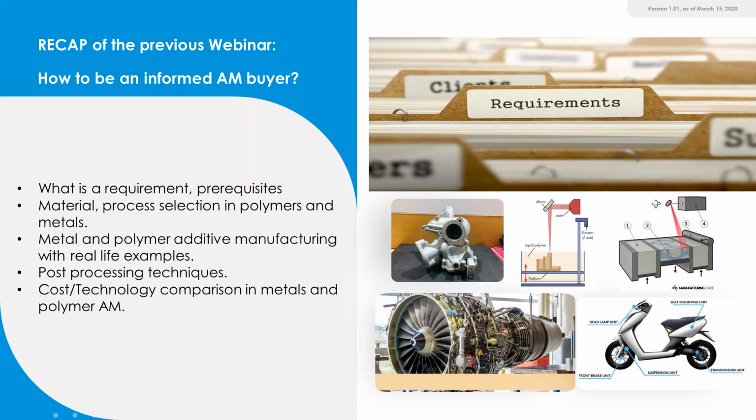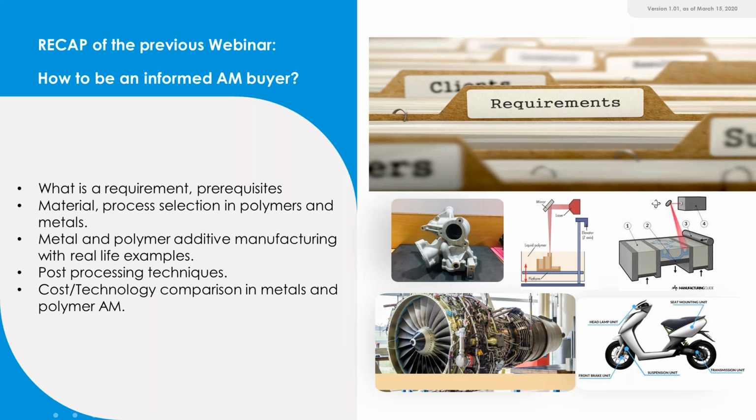So we had a brief on an open-ended topic on being an informed AM buyer, and we tried to demystify a lot of questions there on AM itself, and how to buy an AM component, how to invest into the technology, how to start from the process chain itself, what are the pitfalls of the technology itself.